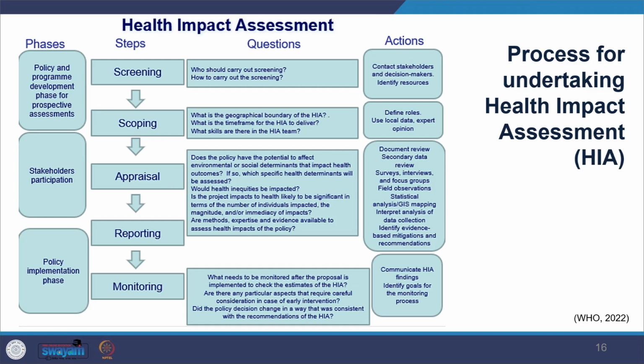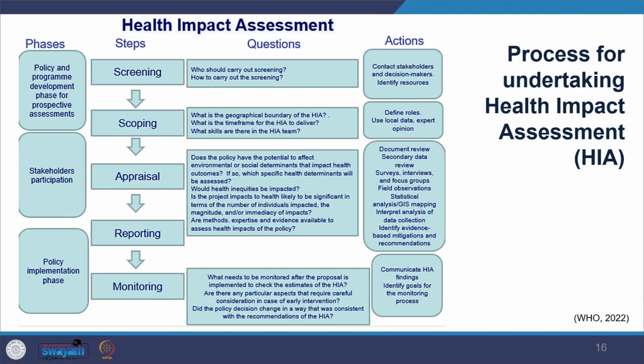So who should carry out screening, how to carry out screening, and then questions in the scoping stage, like what is the geographical boundary of a health impact assessment? What is the timeline for the health impact assessment? What skills are there in the team that needs to carry out the health impact assessment? And so on. So you have sets of questions which you look into, and then in the last column you can see the actions which have to be undertaken.